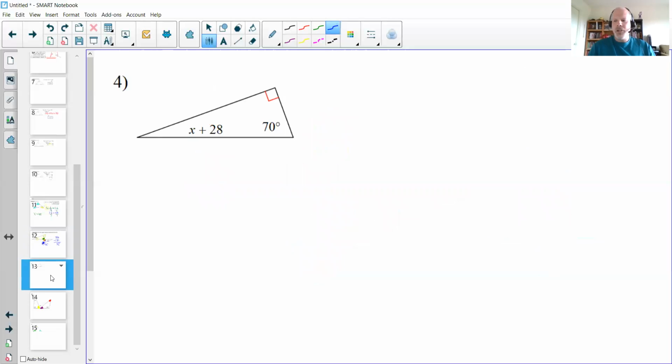All right, let's switch gears and look at the assignment. So there are 4 examples worked out on the assignment. Let's go through those right now. So number 4, I'm given all 3 interior angles. That tells me that I'm going to add them together and set them equal to 180.